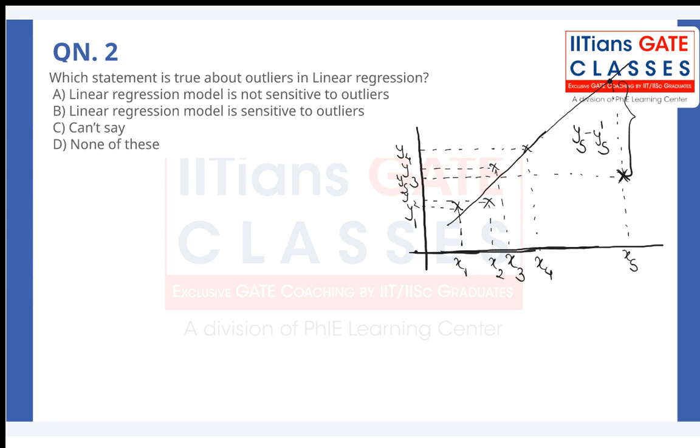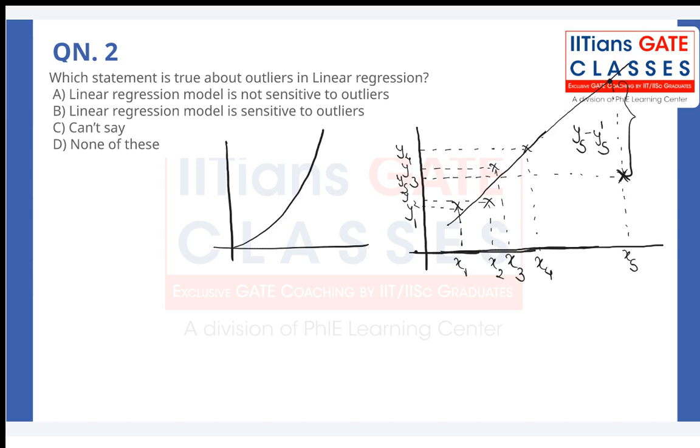One of the reasons why people do squaring is if they want to penalize such huge errors, because as you know, square grows exponentially. So 2 square, 3 square, if you go to 100 square, it grows exponentially. If you have seen the graph of y equal to x square, it is something like this. So to penalize the higher residuals, you use the squared.